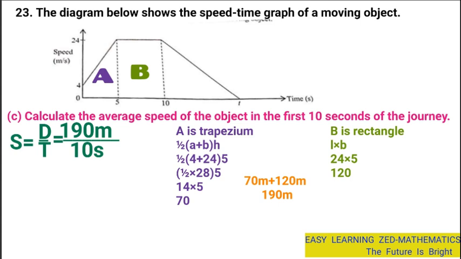The 0 on the bottom and the 0 on top cancel each other, leaving 19 on top and 1 below. 1 into 19 gives us 19, which is 19 meters per second. So the average speed of the object was 19 meters per second.